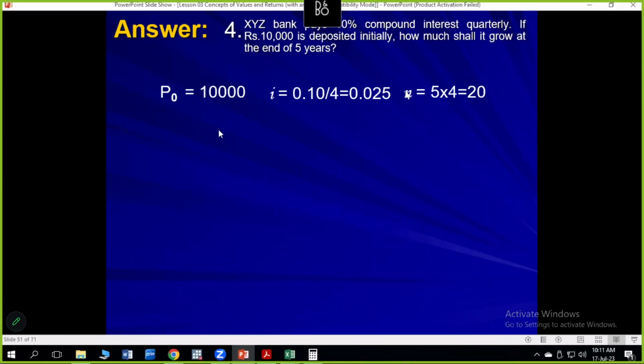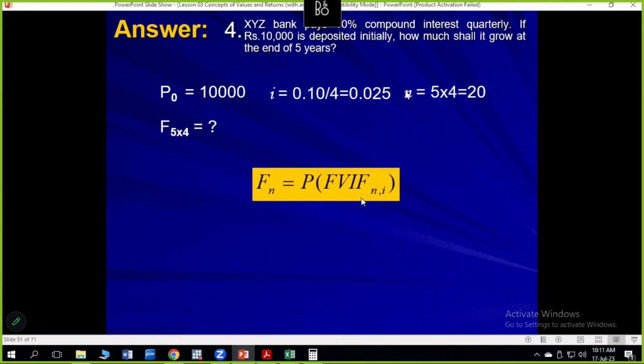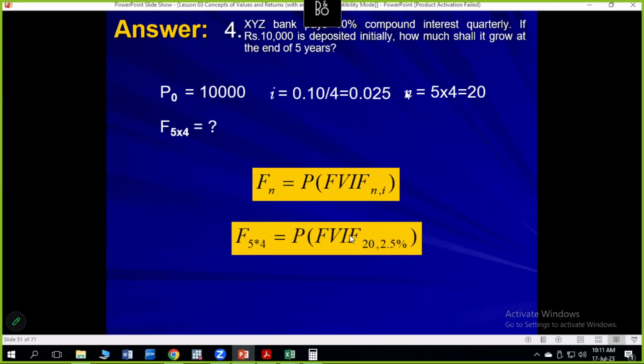Then you can apply the future value interest factor concept to find out this Fn for 20 periods, 4 into 4.